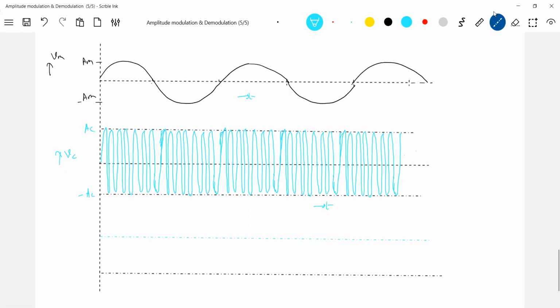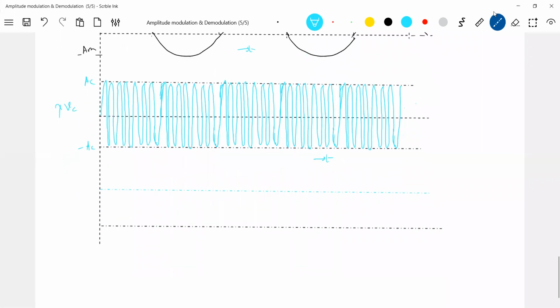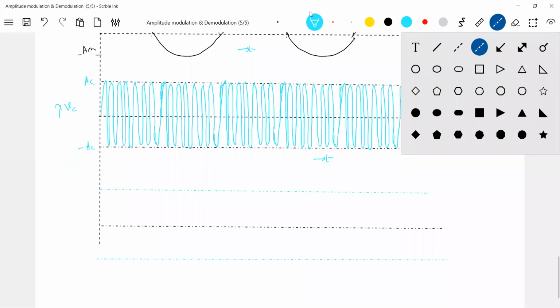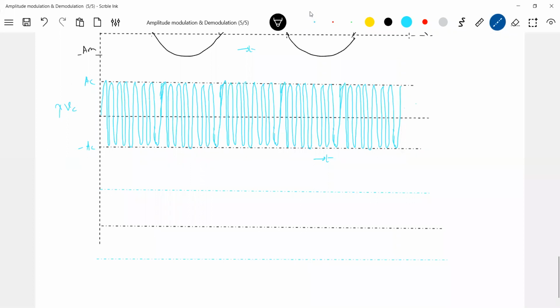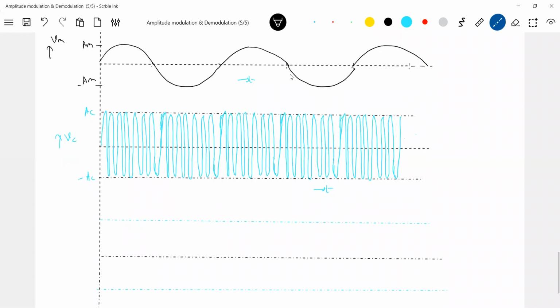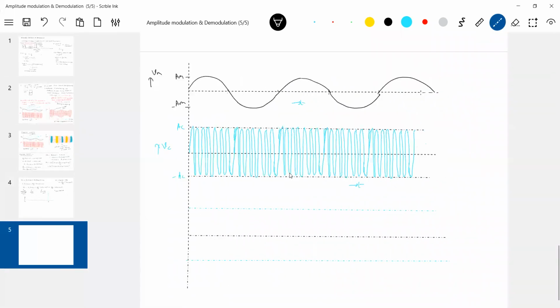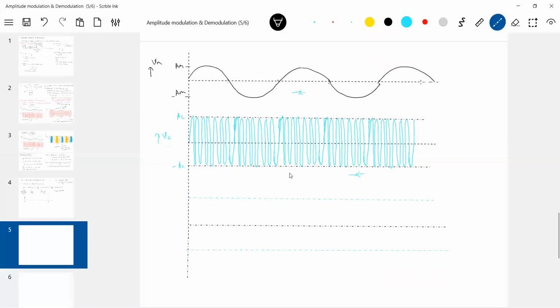There's a method of drawing it. So what all we have is AC. Show that AC, that one. Above that AC, it will fluctuate.